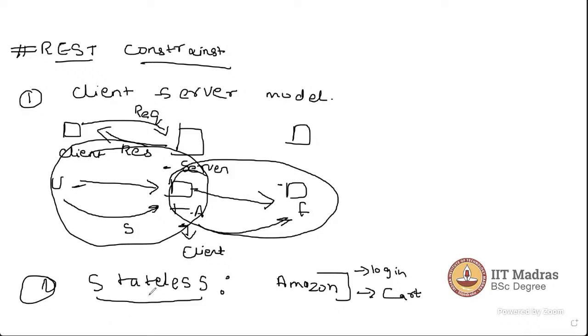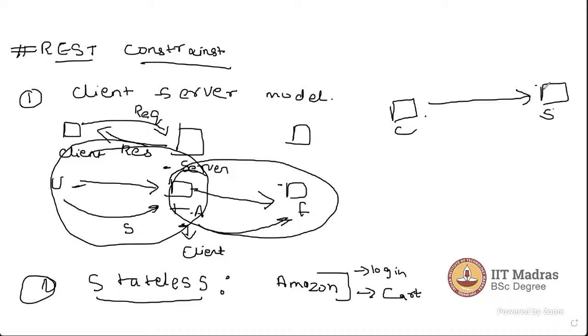So if we draw the diagram, if this is the client and this is the server, and this is a request and response, each request from the client to the server must be treated as though it is the first request the server has seen from that client, right? The server should not remember its client or any state. The client state is not recognized by the server.